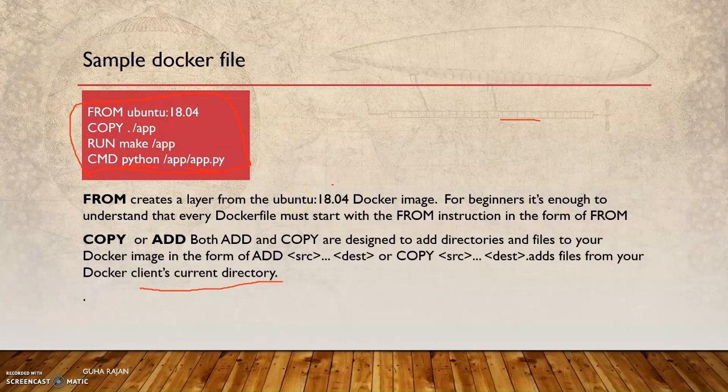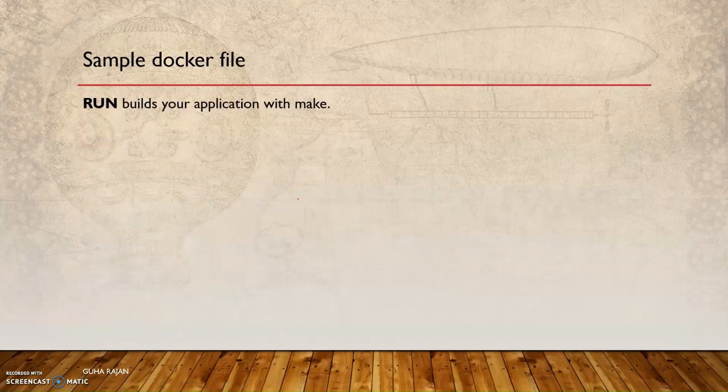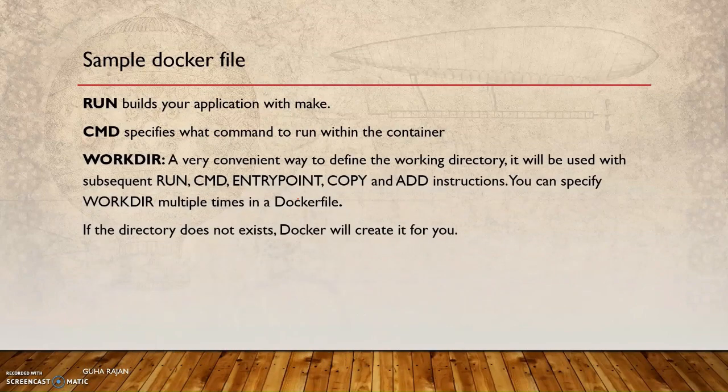So you'll have FROM, you'll have COPY, you have RUN to build your application with make, and then CMD specifies what command is to be run within the container, and then you have WORKDIR. A very convenient way to define the working directory is used to subsequently run commands, ENTRYPOINT, COPY, ADD. You specify the work directory, and if the directory doesn't exist, Docker will create it for you.